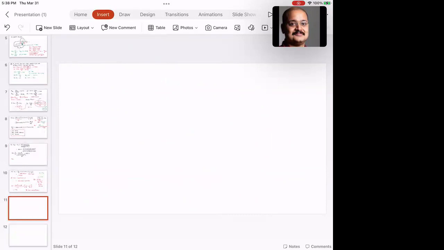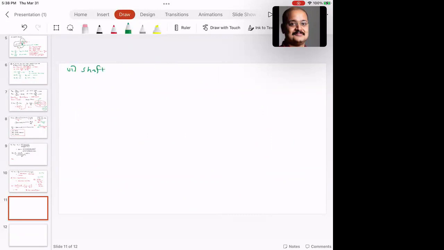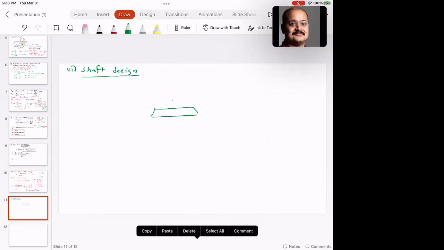Shaft design. It's up to you what type of configuration you want. So I will just start with a very simple configuration. And this is totally up to you.